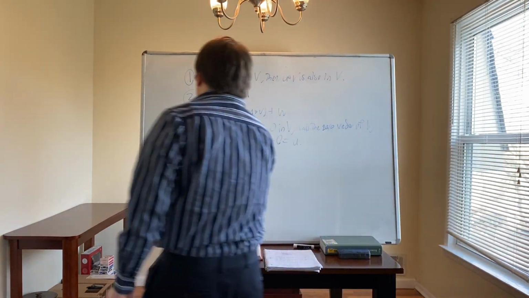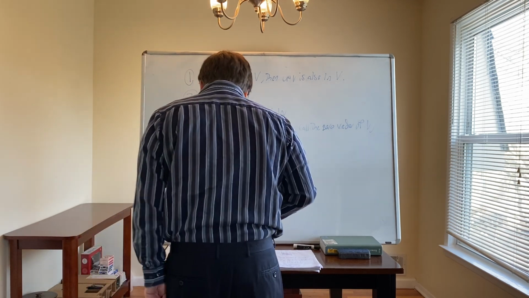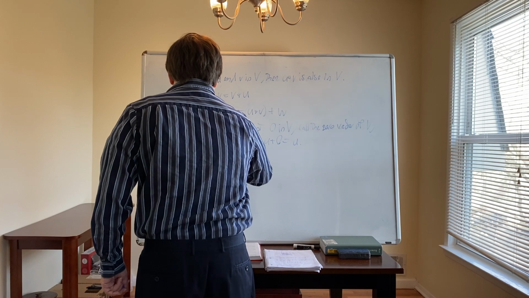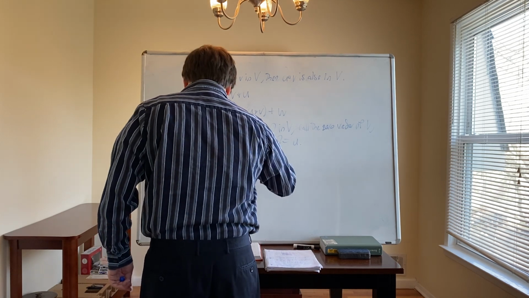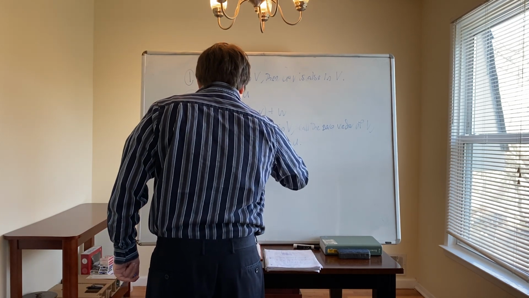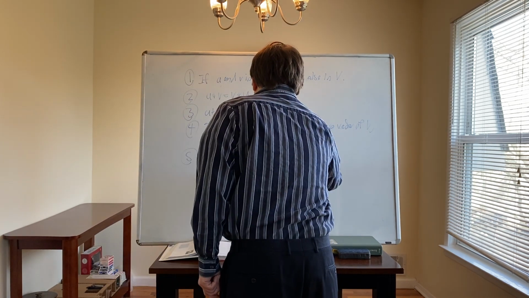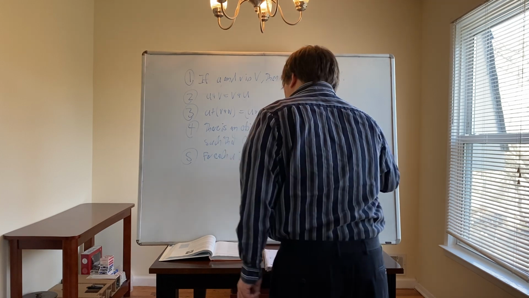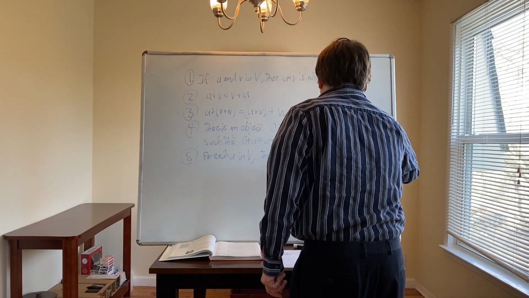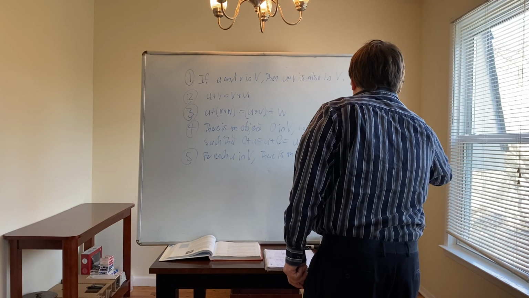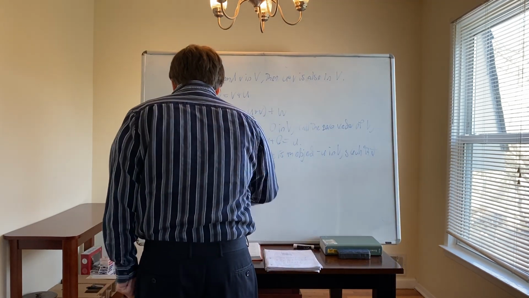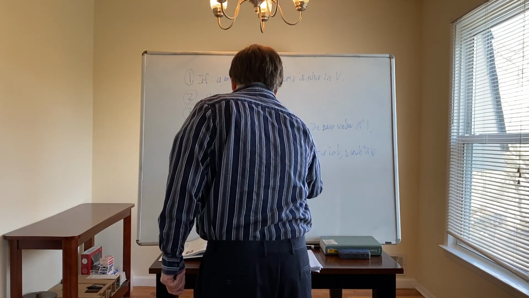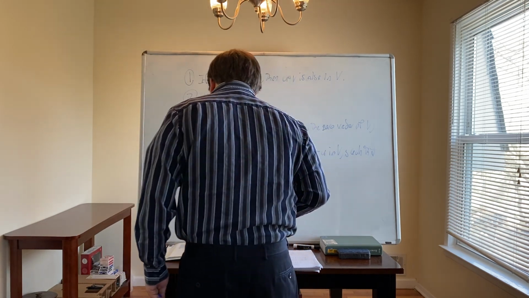That's 4. 5. For each u in capital V, there's an object negative u in capital V, such that u plus negative u is equal to negative u plus u is equal to 0.